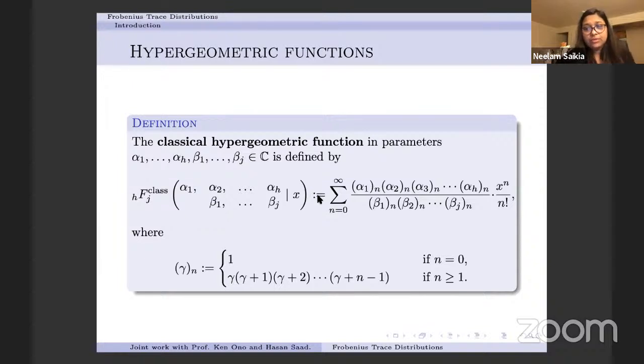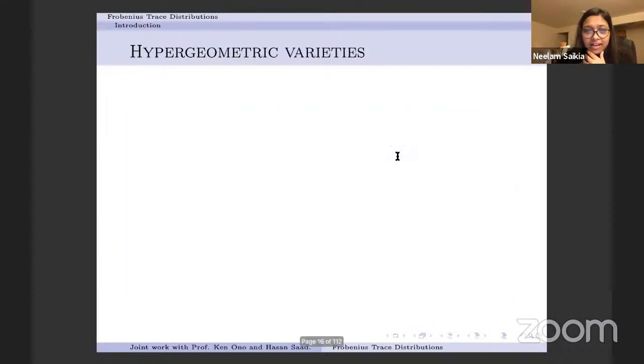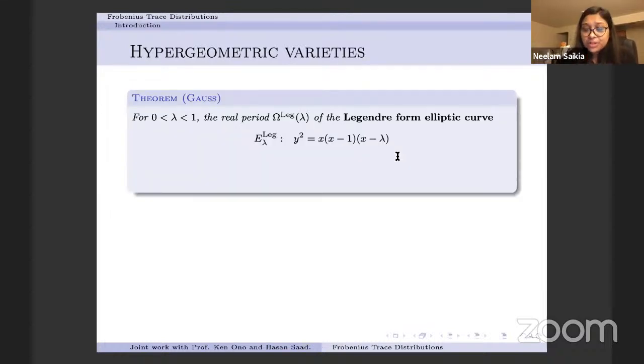Any variety which is somehow connected to these classical hypergeometric functions is known as a hypergeometric variety. The hypergeometric variety we would like to study in our work is the Legendre form of elliptic curve. If we consider this elliptic curve, it is known as the Legendre form because of these linear factors.